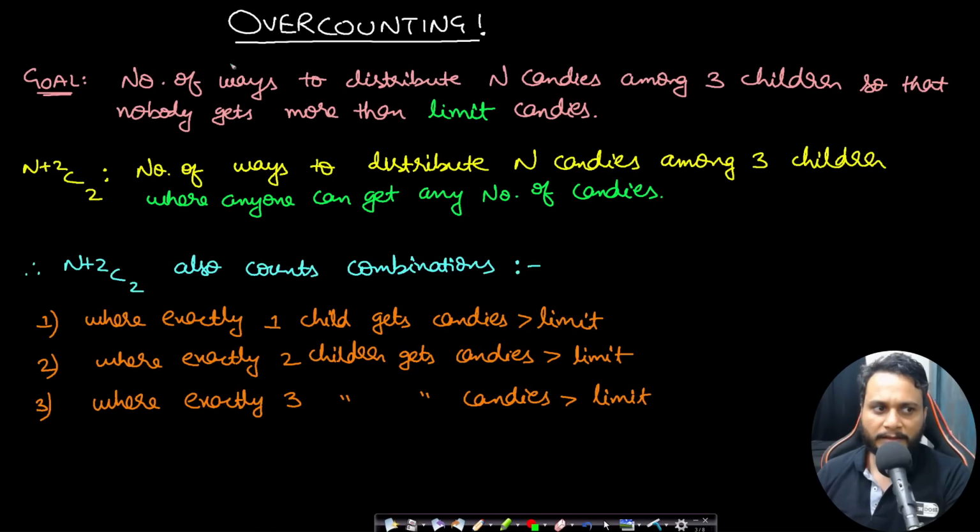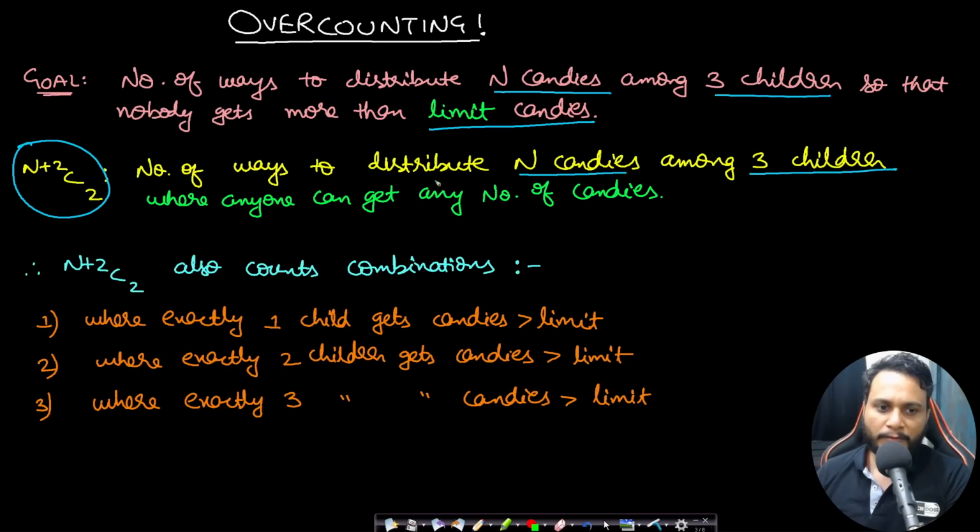Now let's think about our goal and match up with the previous case of stars and bars. Our goal of the problem is to count the number of ways to distribute n candies among 3 children so that nobody gets more than the limit candies. And what does this formulation represent, n plus 2 C2? It is representing the number of ways to distribute n candies among 3 children, where anyone can get any number of candies.